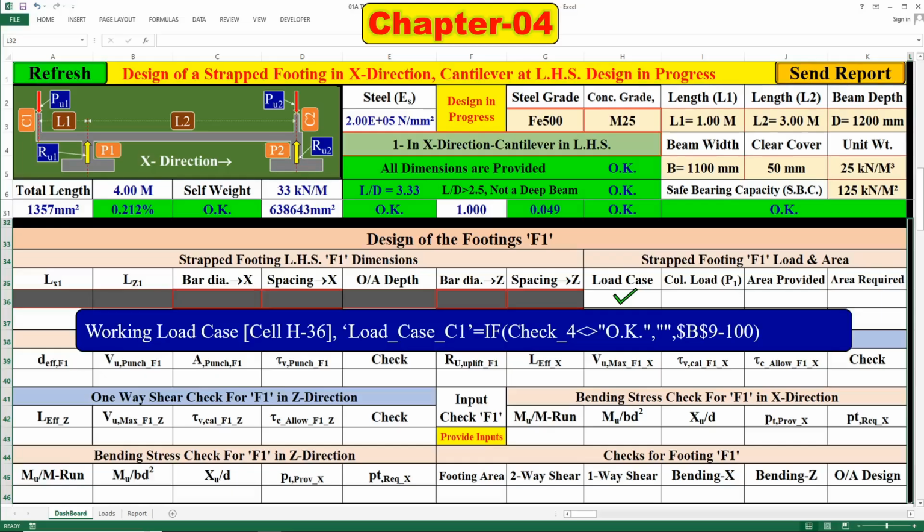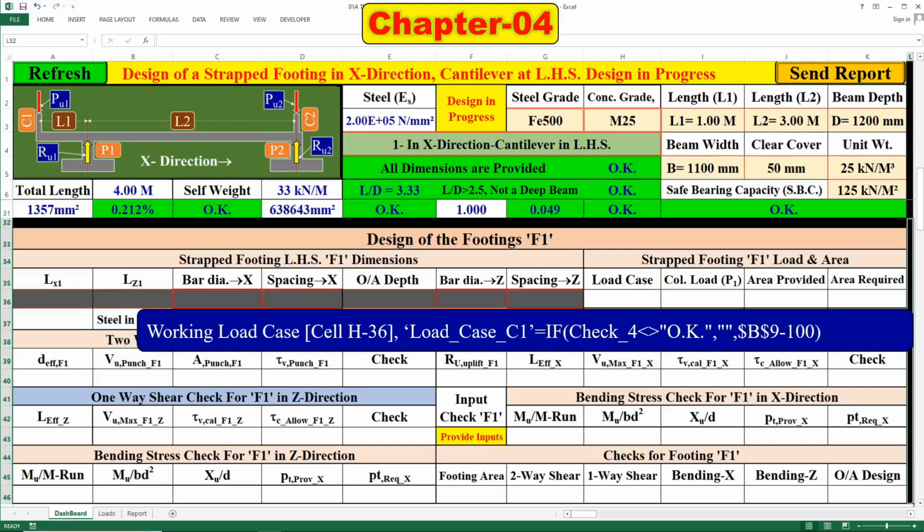Otherwise, it will calculate the value by taking cell B9 minus 100. In cell B9, we have the factored load case number. The working load case is required for calculating the safe bearing capacity for load cases other than the dead load plus live load combination.